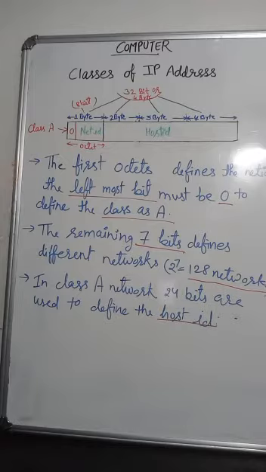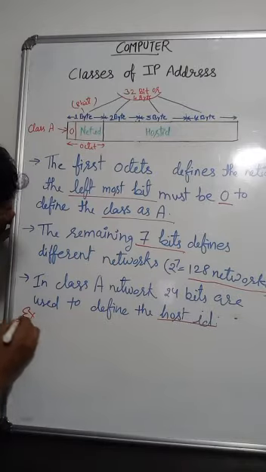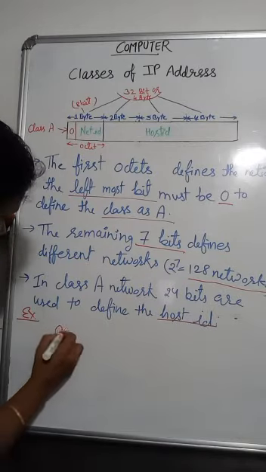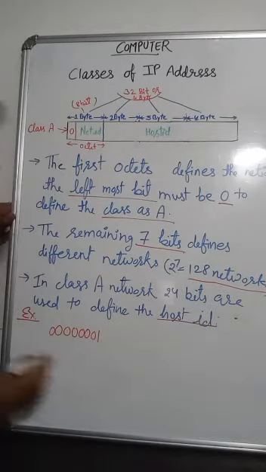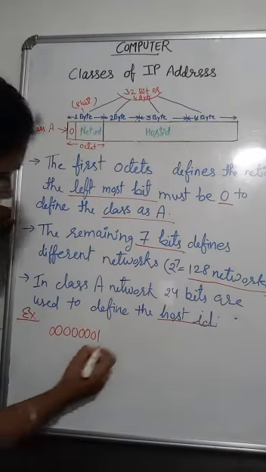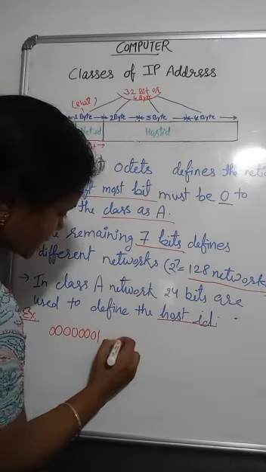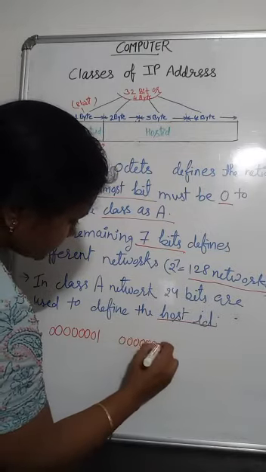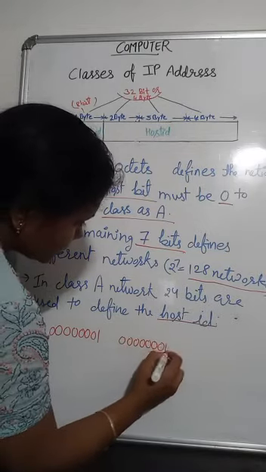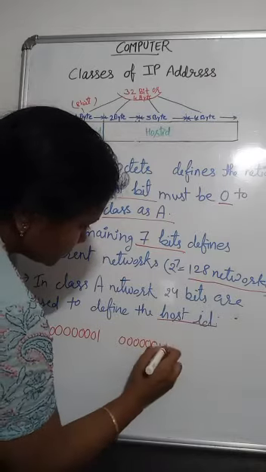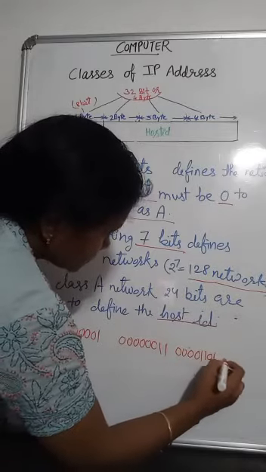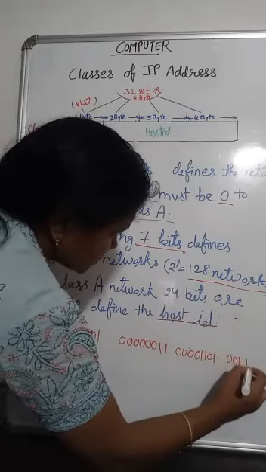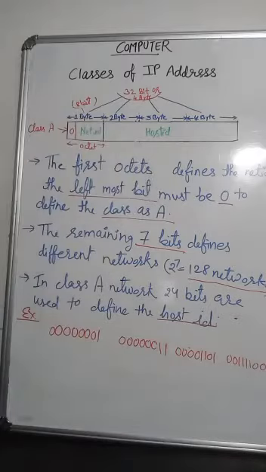Now see the example of how to identify the class. A set of 8 bits is called an octet.